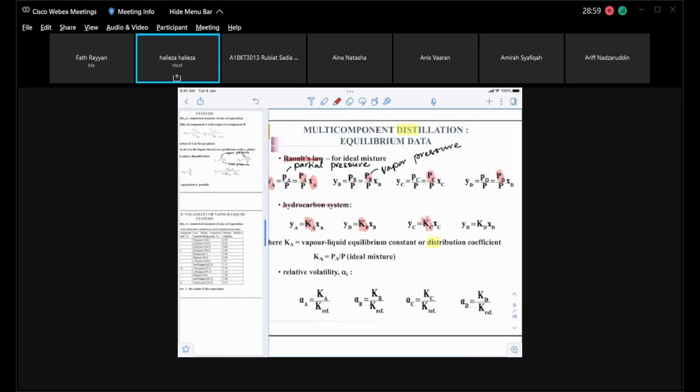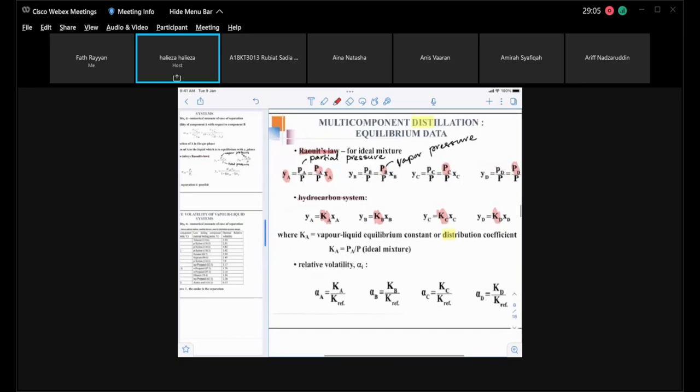So if it's component C, then the subscript is C, and so forth. If your system is ideal, then you will be using this equation where your vapor liquid equilibrium constant is equal to the vapor pressure divided by the total pressure.